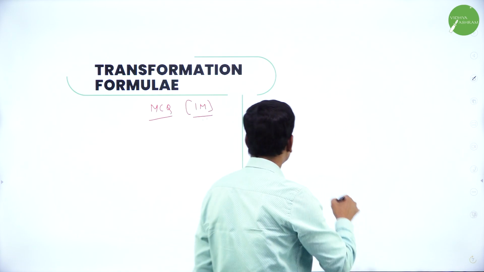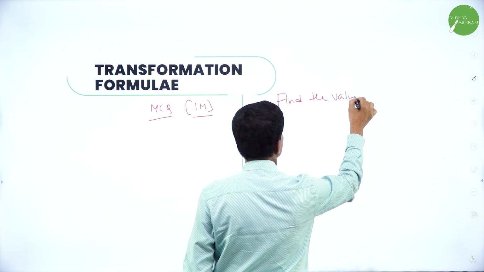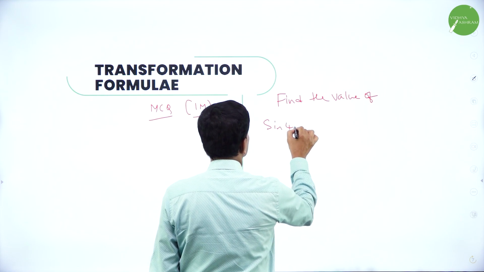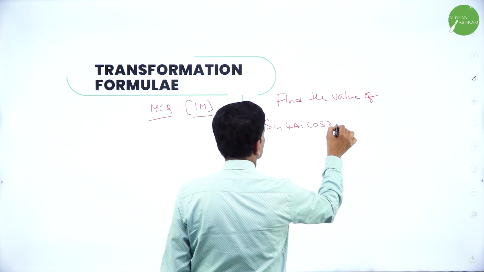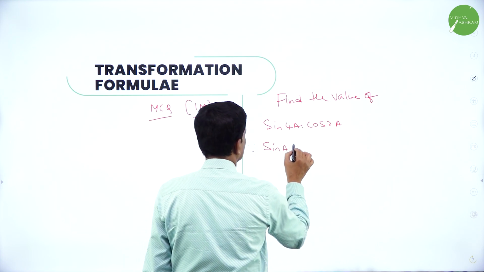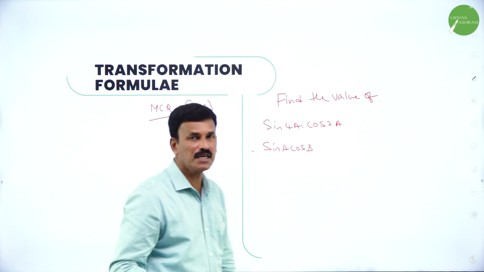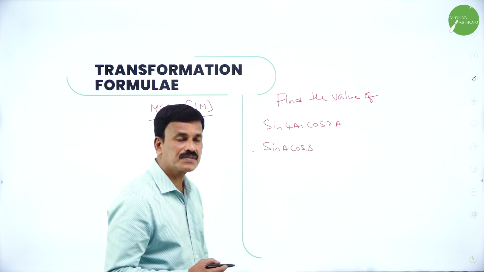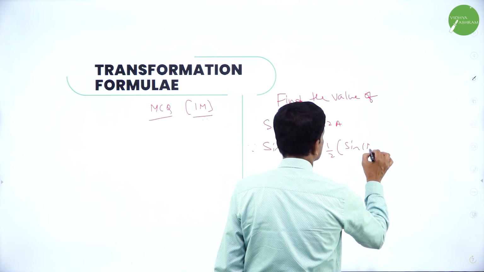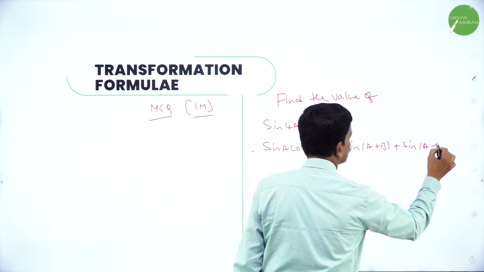Suppose you want to find the value of sin 4a into cos 2a. Now this is of the form sin a cos b. So what is the formula? Sin a cos b is equal to half of sin a plus b plus sin a minus b.